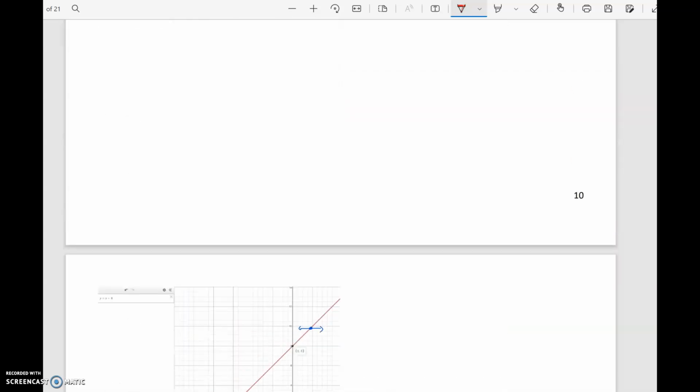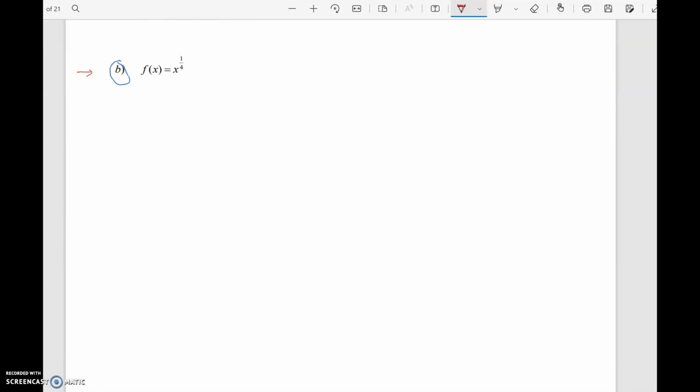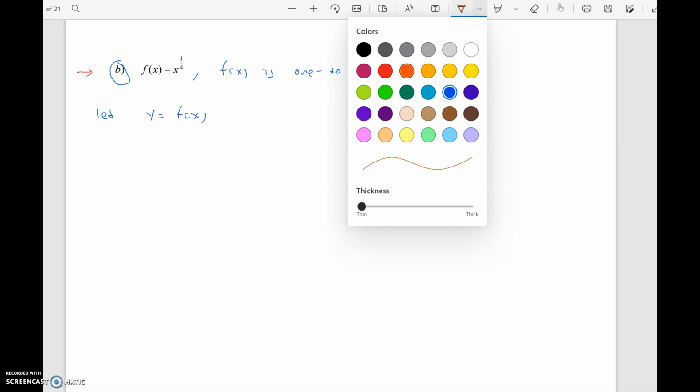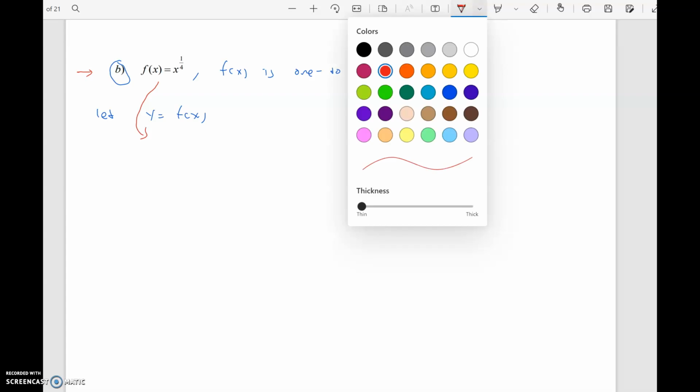Now, let me go back to redoing all the steps just like we did on the previous problem. So at the moment, f of x is in fact 1-to-1, but the inverse is not going to be. So let me just write that f of x is 1-to-1. So technically it'll have an inverse, but as you let y equal to f of x, on the good news, this is going to take one step.